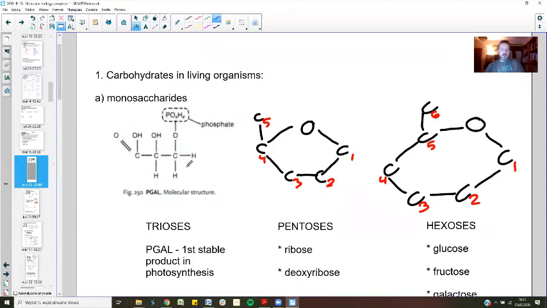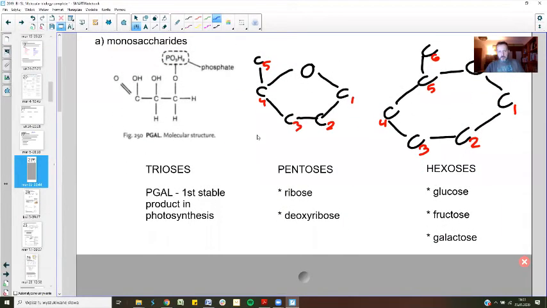As you can see, they do not form a ring, but are linear. Then pentoses, made of 5 carbons, so 1, 2, 3, 4, and 5, forming a ring, and hexoses, compounds made of 6 carbons in a chain, also with a ring.